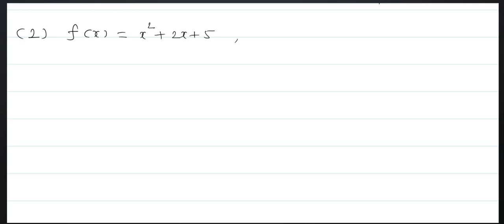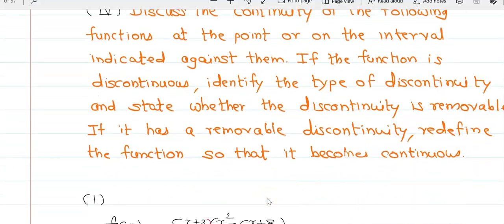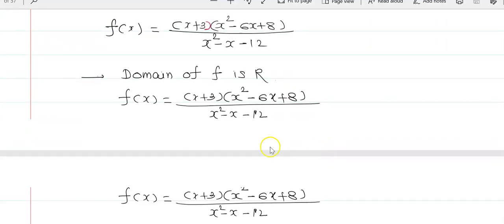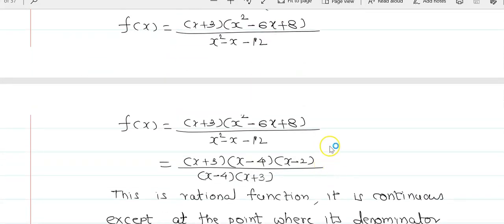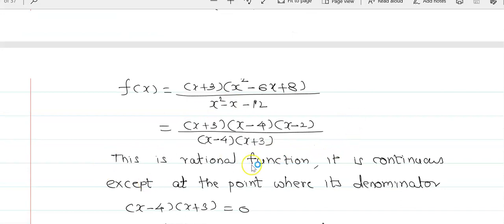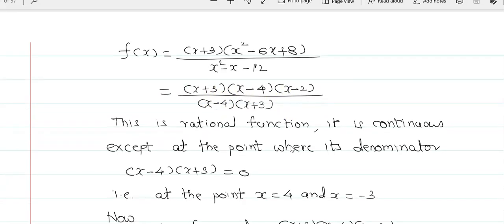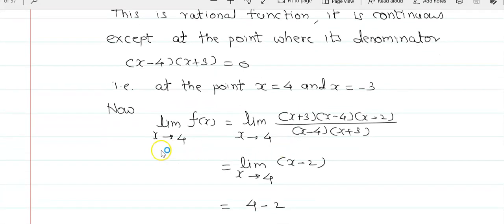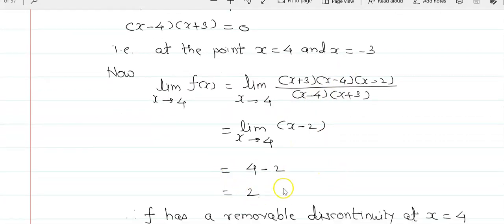Now we'll see the next one. F is defined on the set of real numbers. The given function is discontinuous only where the denominator is 0, because the function will not be defined at x is equal to 4 and x is equal to minus 3, and for that we will redefine the function. As x tends to 4, x minus 4 gets cancelled, and you get the value 2.